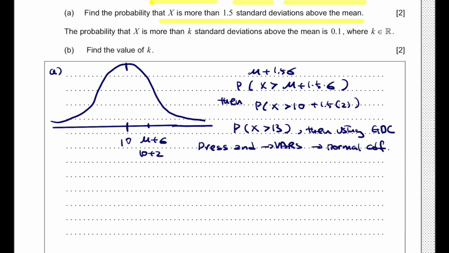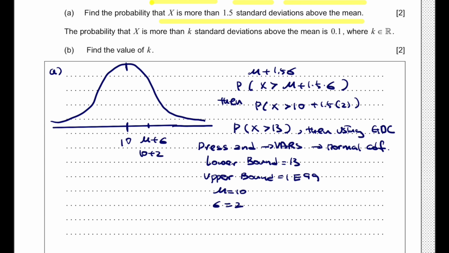Okay, and we're going to set the lower bound as 13 and upper bound as 1 to the power of 99, just to show that we are using a very large number to represent infinity, and then the mean value 10 and standard deviation 2.